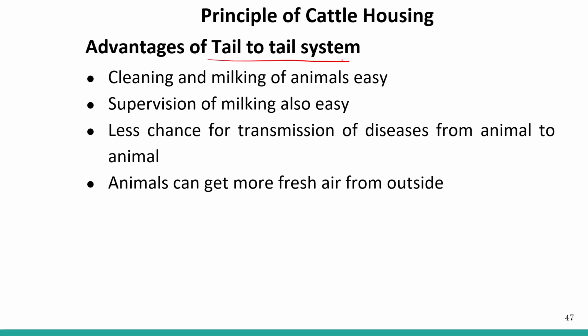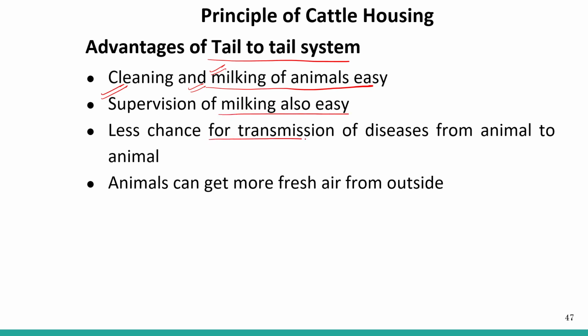Advantages of tail to tail system. Cleaning and milking of the animals is easy. In this particular system, we can keep our cattle house quite easy to clean, and the milking process is also very easy. Supervision of milking is also easy.